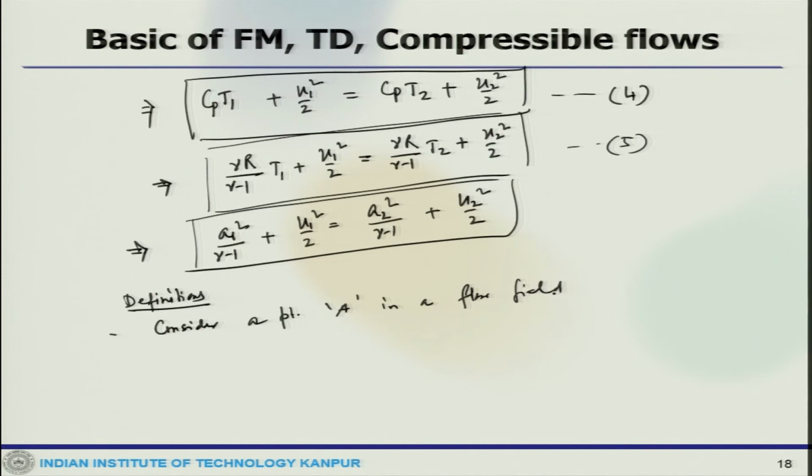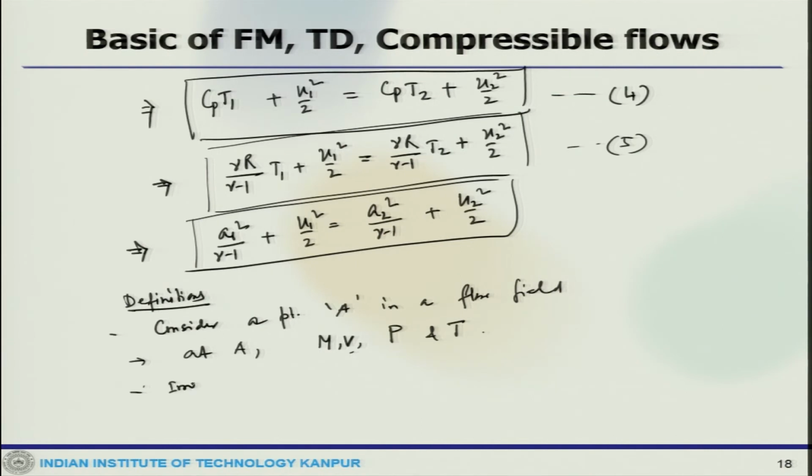Now, at A, the fluid element is travelling at some velocity and speed, so that is M, V, static pressure is P and temperature is T. So, at the point A, which we have considered inside the flow field, the fluid element is travelling at some Mach number and velocity, pressure and temperature.